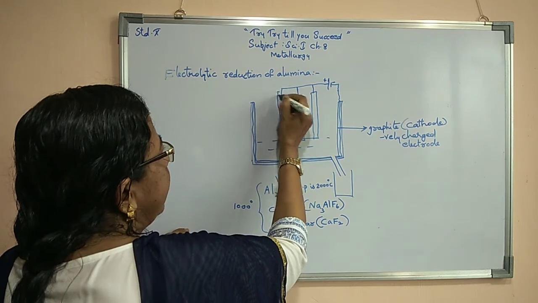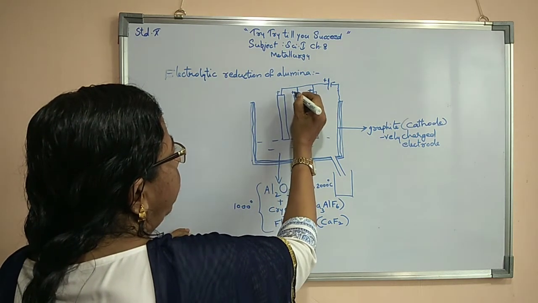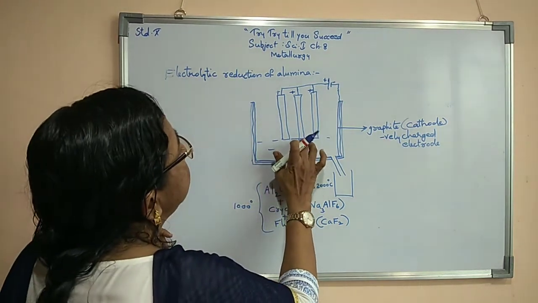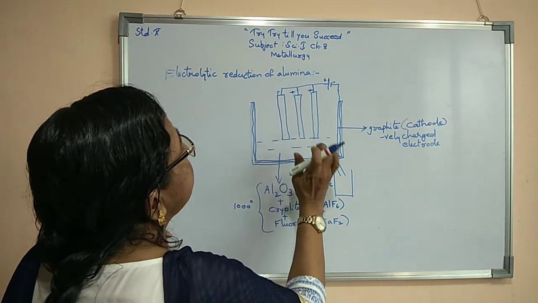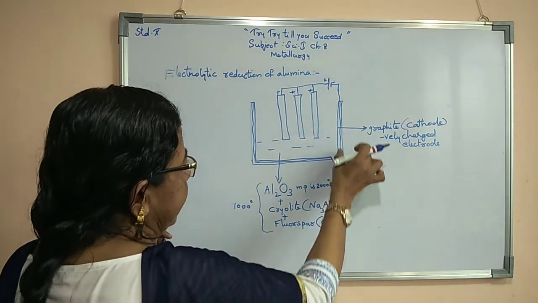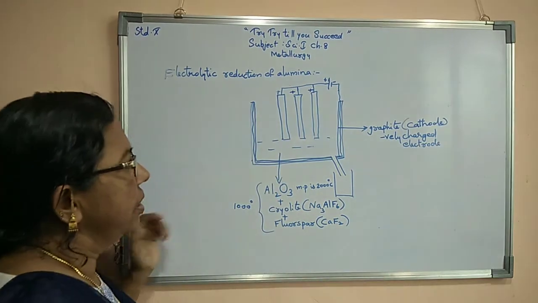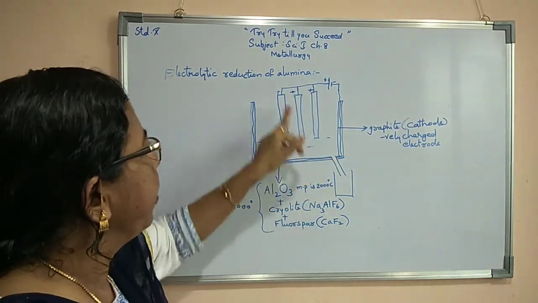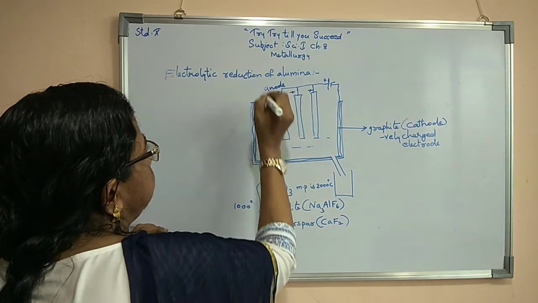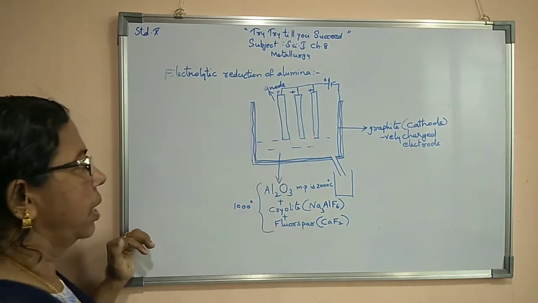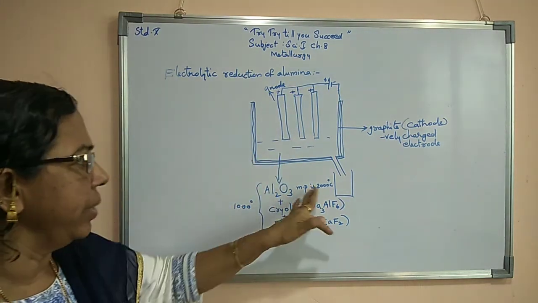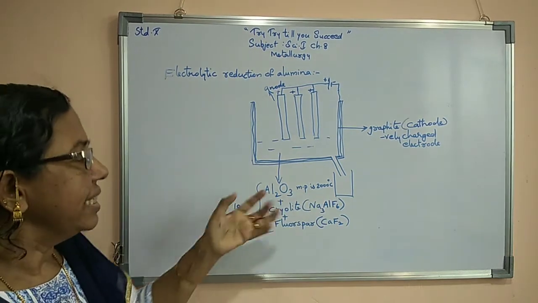So all these electrodes are anodes, positively charged electrodes, and the negatively charged lining we call the cathode. So here cathode is there, here anode is there. These rods we call the anode. Now we have to supply heat up to 1000 degrees Celsius instead of 2000 degrees Celsius.